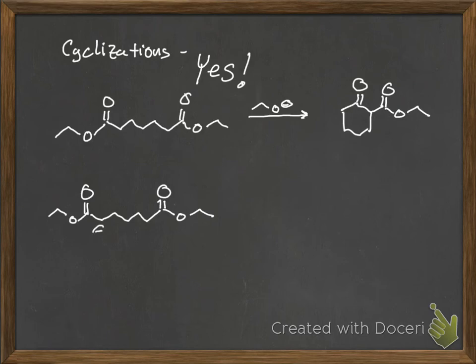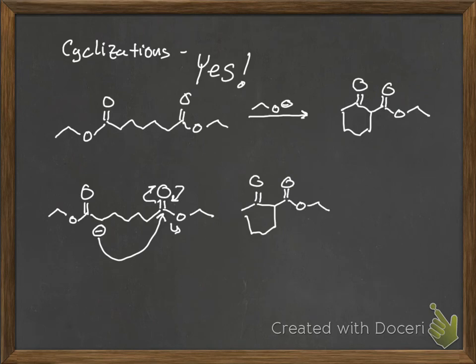We had the ethoxide pull off the proton. I'm not going to show it to you because it's the same thing we've done a million times. Nucleophilic attack. Open up the pi bond, close the pi bond, knock off the leaving group. So you wind up here. And of course, this proton is removable with the base.